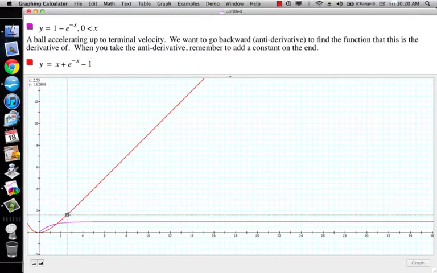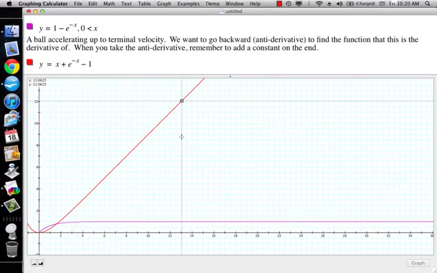If I pull out here, my velocity is constant, and so my distance versus time graph is going to be a straight line with a constant slope equal to the velocity.